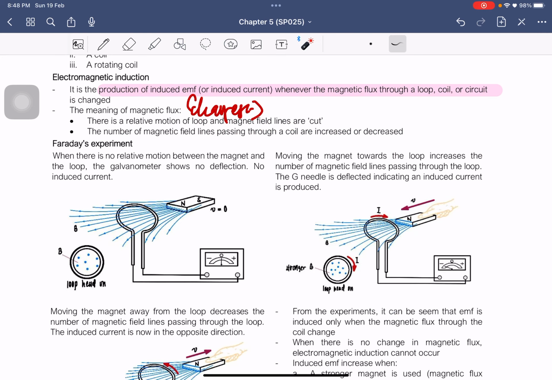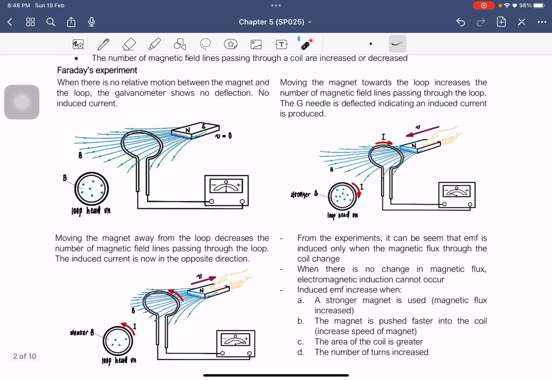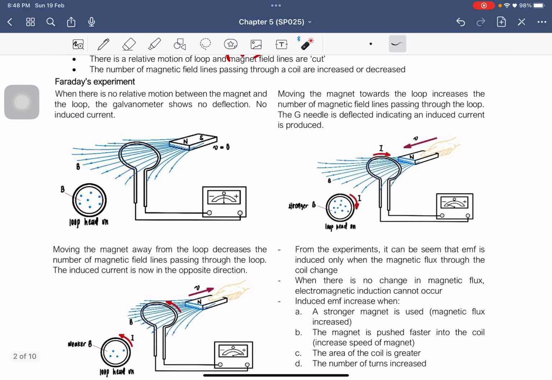So there are three. Basically these are the most important part, so I've summarized it down. When there is no motion between the magnet and the loop, so the magnet just stays like this, the galvanometer shows no deflection, so there will be no movement of current. There is no induced current. Then, when the magnet is moved towards the loop here, it increases the number of magnetic field lines passing through the loop.